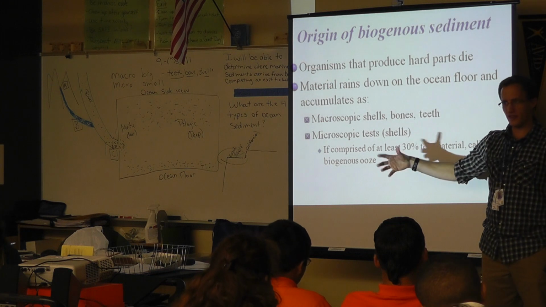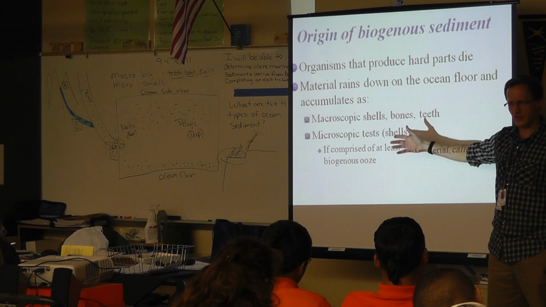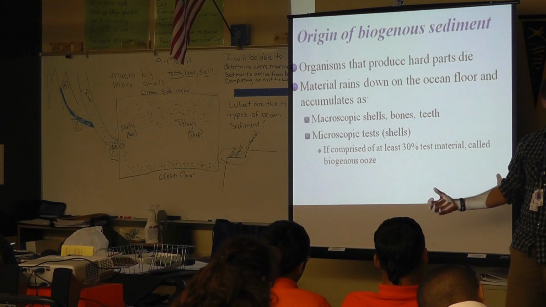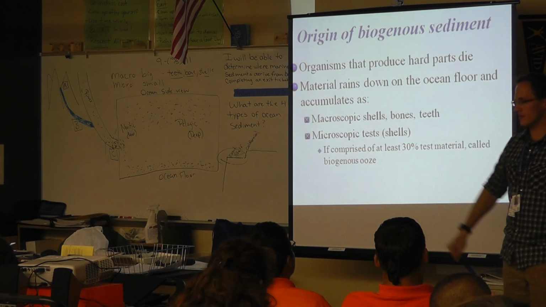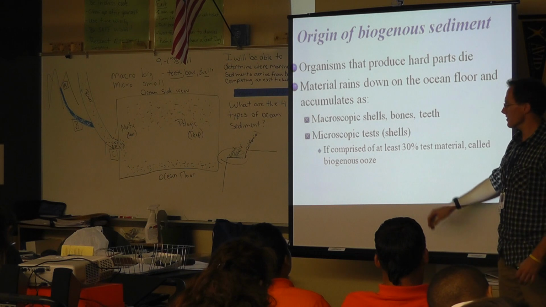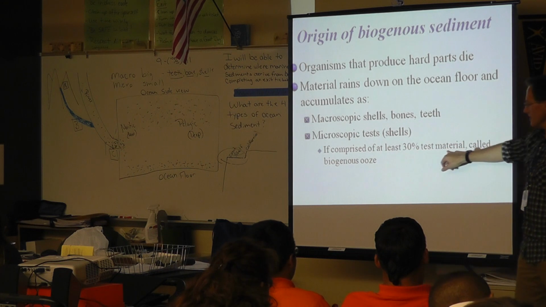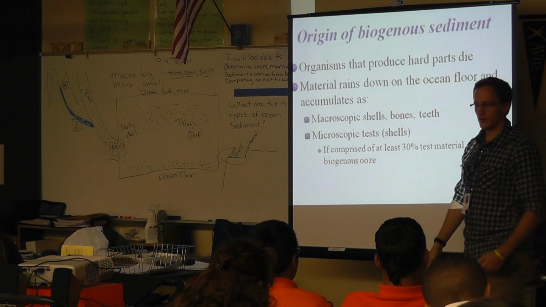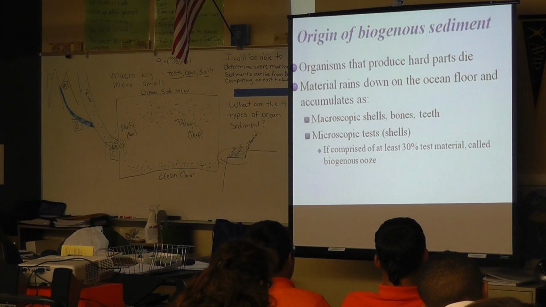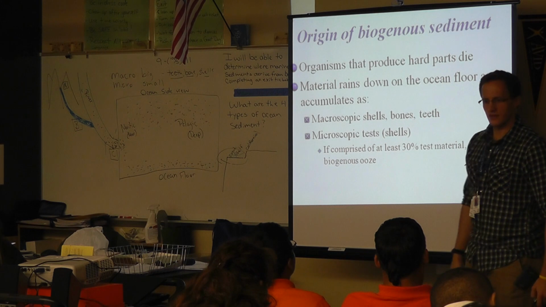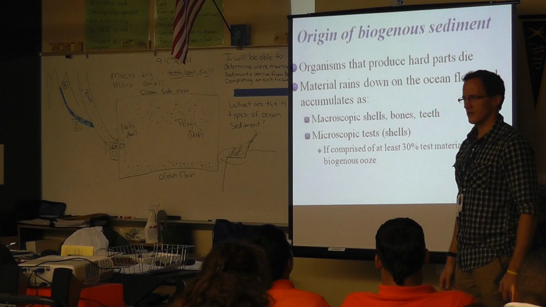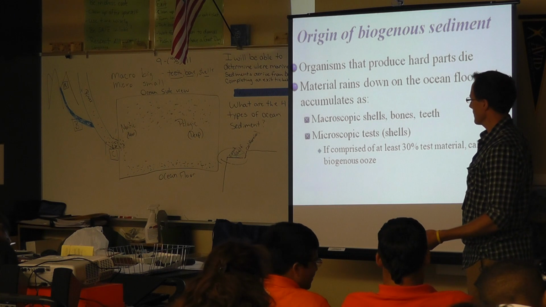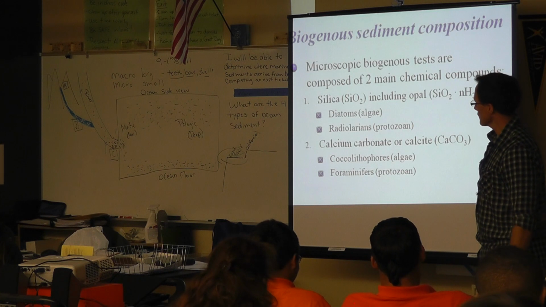The other 70%, or right around 60%, is made from minerals, like calcium, or all the minerals that you normally think of for rocks. But 30% is biogenous ooze, and we're going to learn what biogenous ooze is in a second. What do you think biogenous ooze is? Liquid thing. Anybody have a guess? No? Okay, whatever. Well, let's go through it.